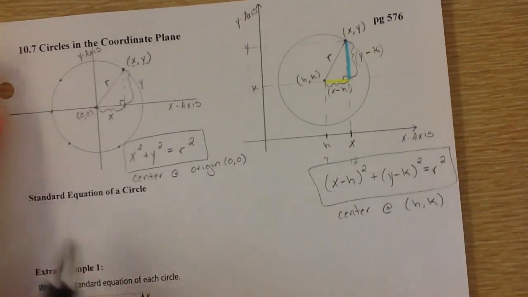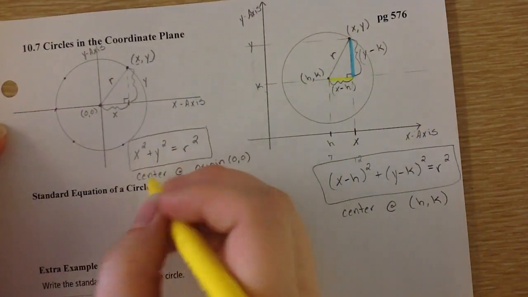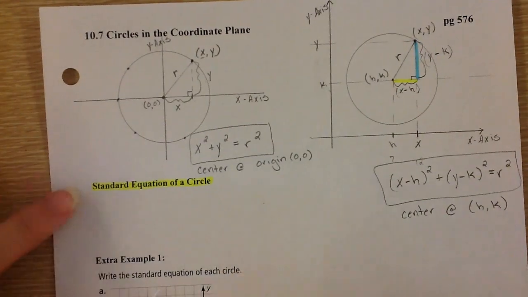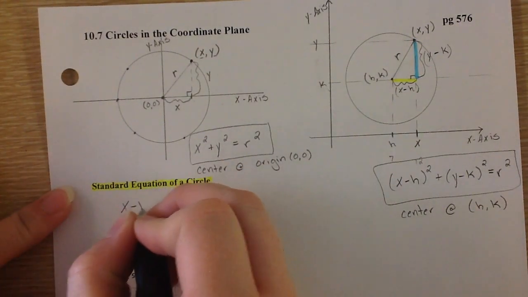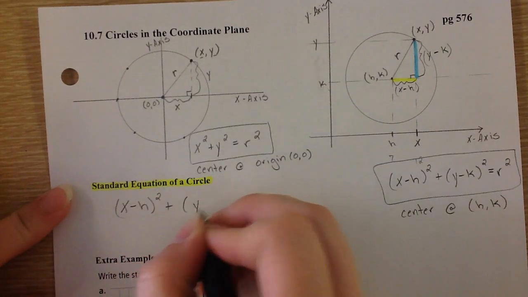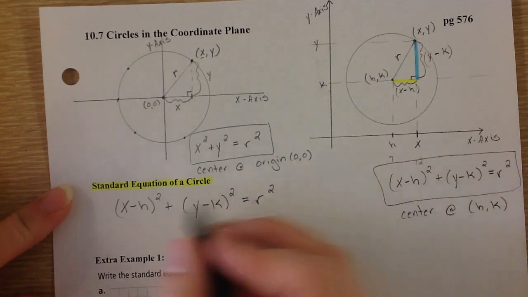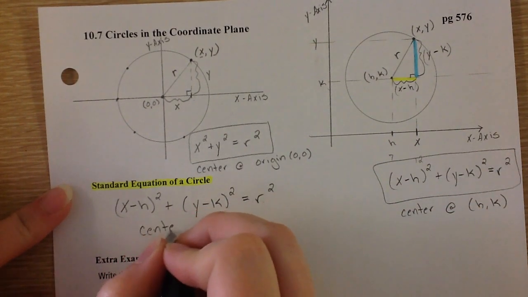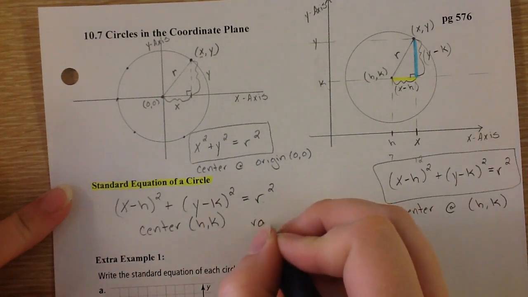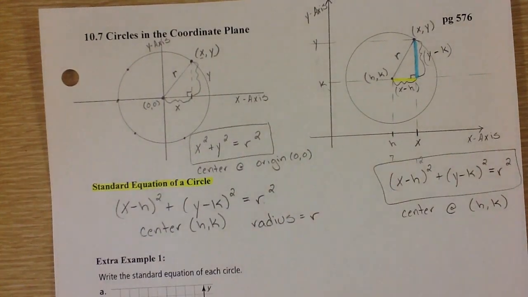Our standard equation for a circle, this is our big important thing for this, is x minus h squared plus y minus k squared equals r squared, with the center of my circle located at h, k, and my radius being r.